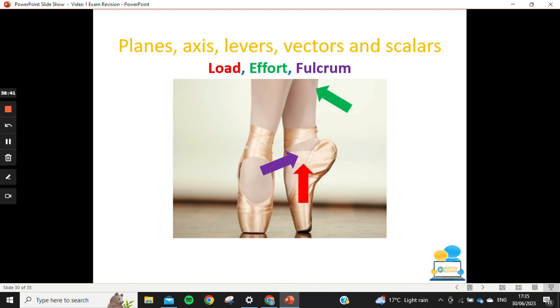If we apply our 1, 2, 3 FLE, then we know that our load is in the middle, and this is a class 2 lever. So again, our plantar flexion, or standing on our tippy toes, is an example of a class 2 lever. Any activity that involves this movement, plantar flexion, and an example of this in a sport or activity is a pirouette in ballet.